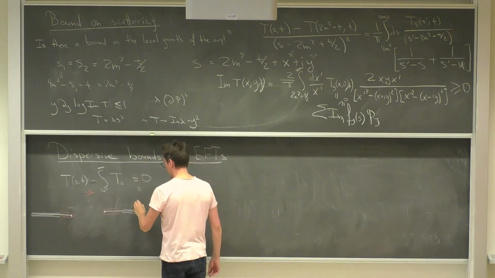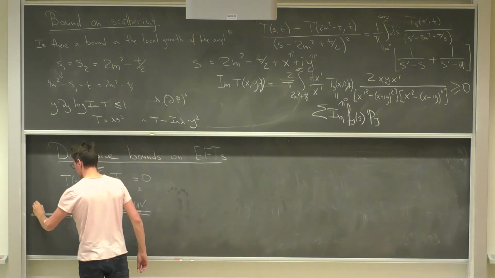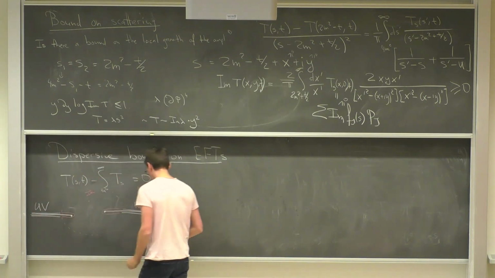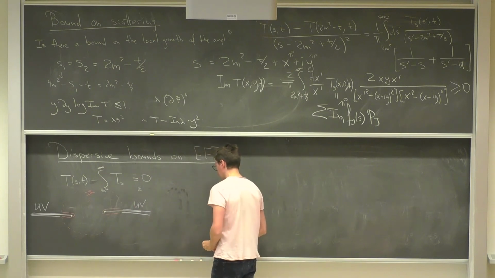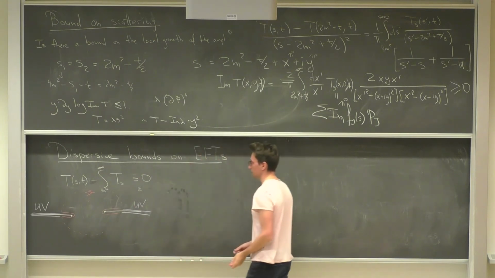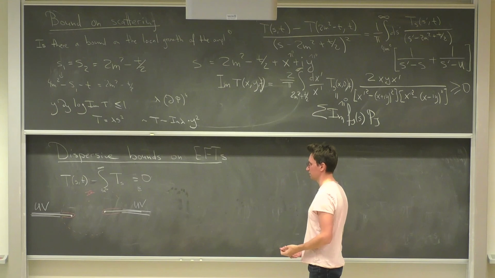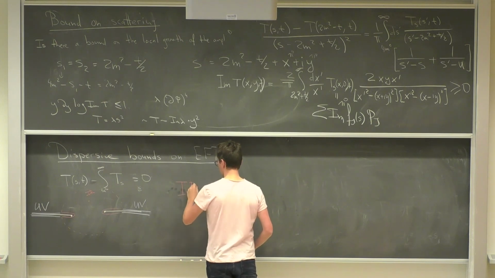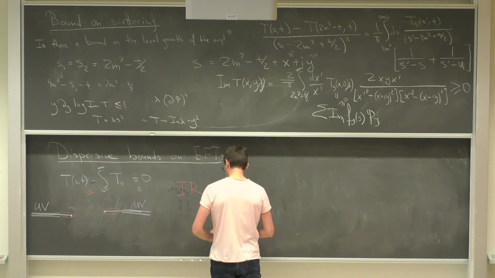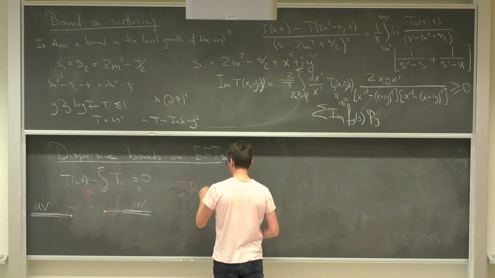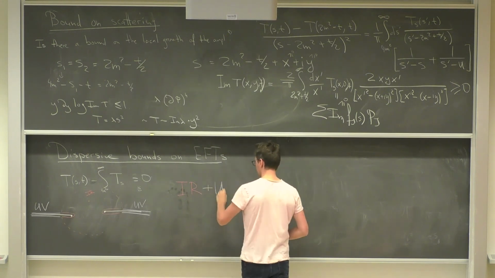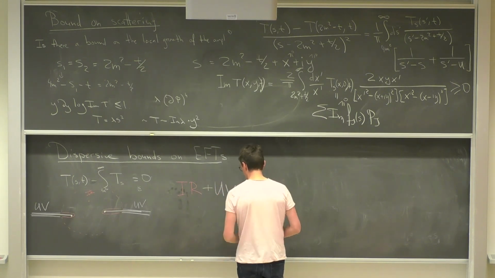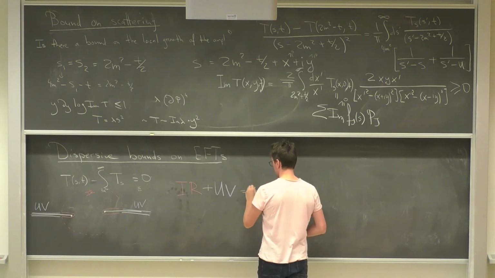Let me call it the UV. So the way you should think about the dispersion relation in the context of effective field theory is the following equation: IR plus UV is equal to 0.